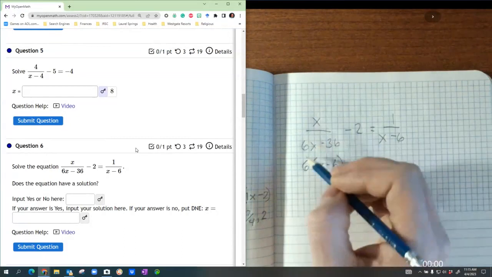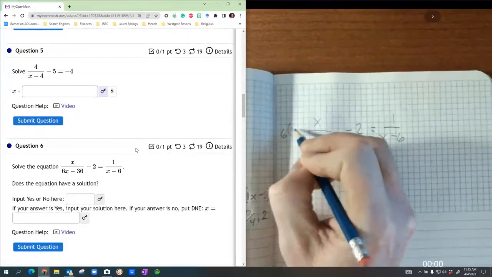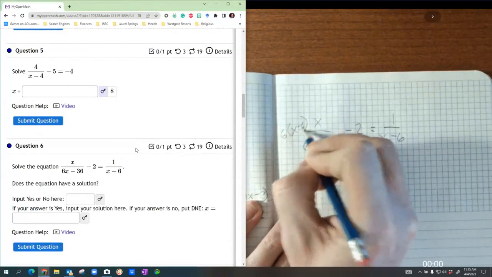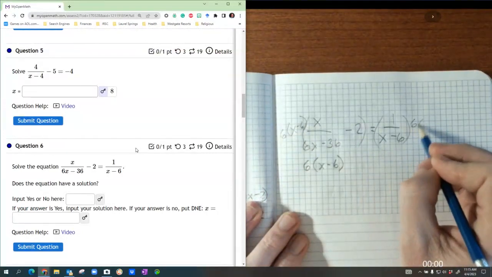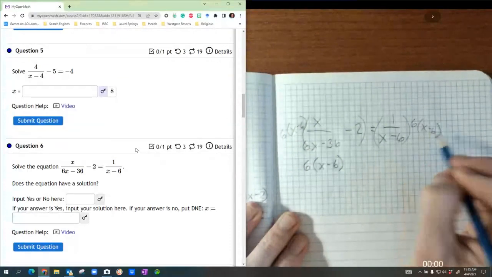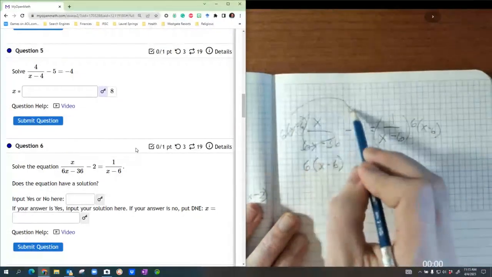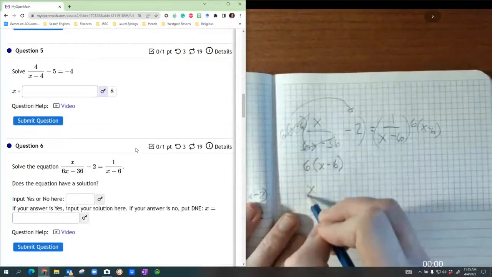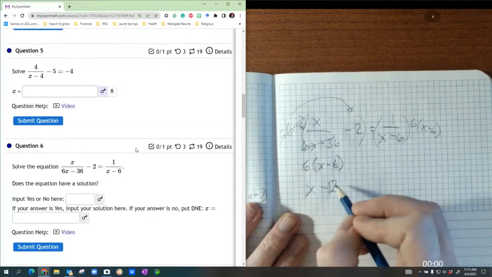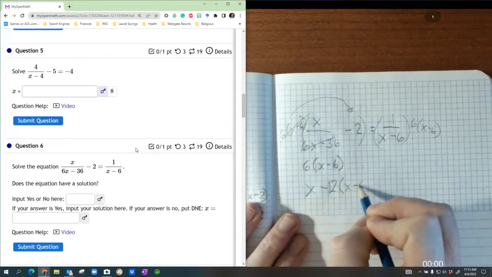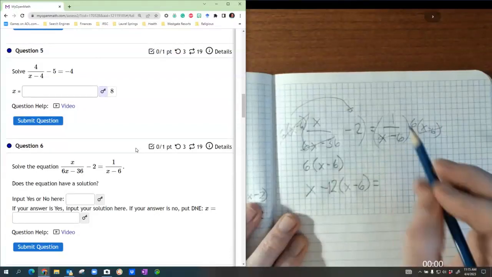When I do, I multiply this side by that, and I multiply this side by it. Now, this will take this completely out, but then we have to distribute it to this. So that would have x minus, and then it's 2 times 6 is 12 times x minus 6. And then this will wipe this out, leaving us with 6 times 1.